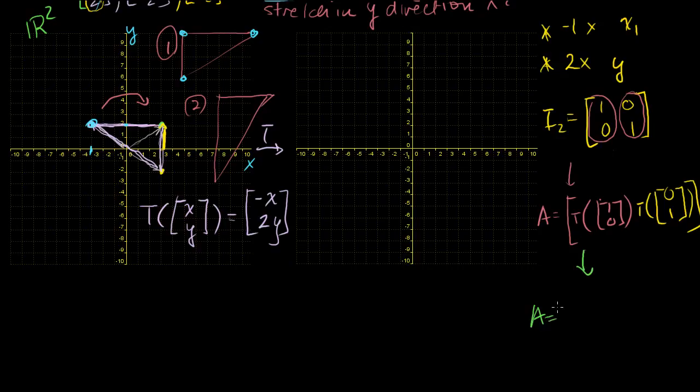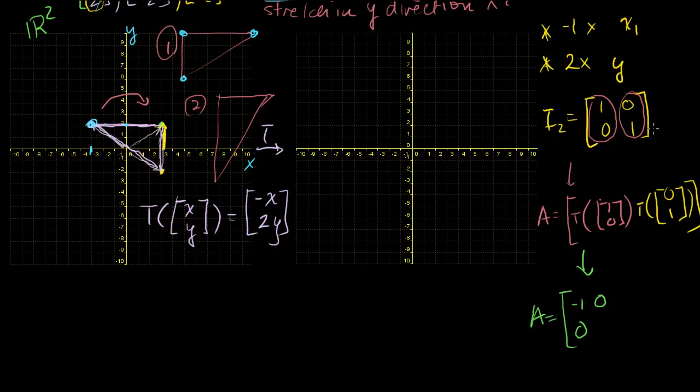So A is equal to, what's the transformation of 1, 0, where x is 1? Well, we just take the minus of the x term, so we get -1, and then 2 times the y term. So 2 times 0 is just 0. Now do the second term. The minus of the 0 term is just -0, so that just stays as 0. And then you multiply 2 times the y term.